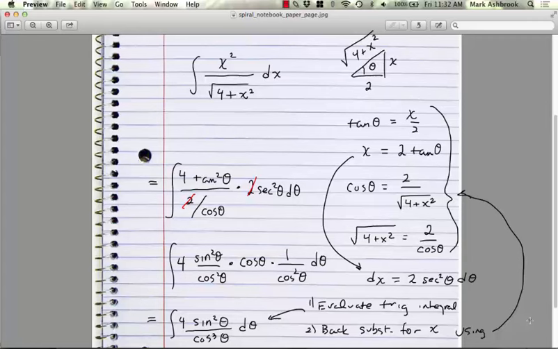When you see these are sides of a right triangle, set up your right triangle so that it works, and use your trig ratios so that you can substitute in trig ratios and change from x into theta. And then you'll have a trig integral like the ones we did a couple days ago. Evaluate the trig integral, and then back substitute for x.